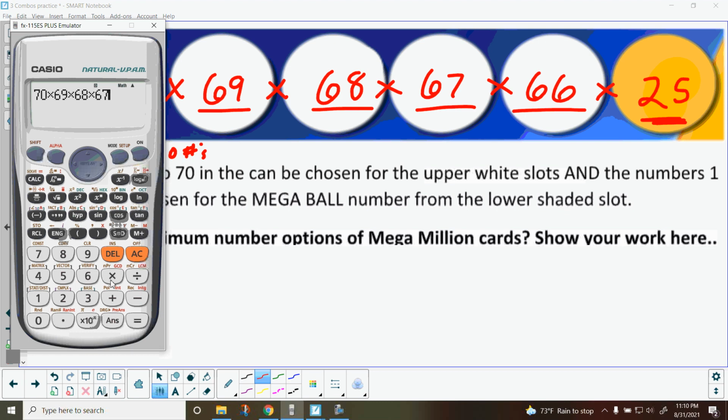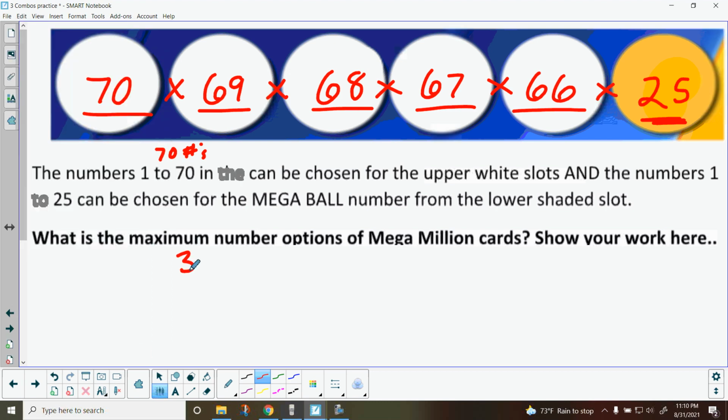Holy moly. Y'all remember that number. I'm just going to do 3.6 to the 10th, which means we move that decimal over 10 times. So 1, 2, 3, 4, 5, 6, 7, 8, 9, 10.